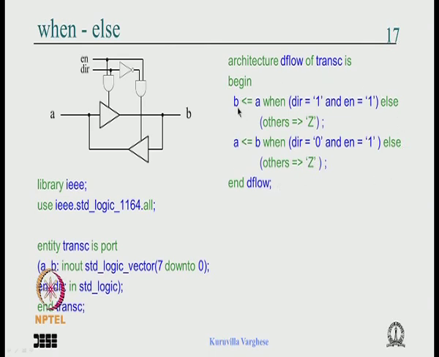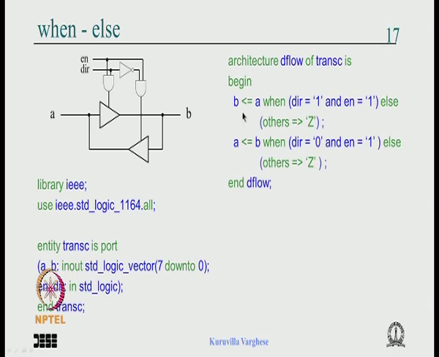Now you see we are going to write this path first and then this path, because in concurrent statements mind you, you need to have a statement for one output and another statement for the other output. So we are going to write the B output first and then the A output second.